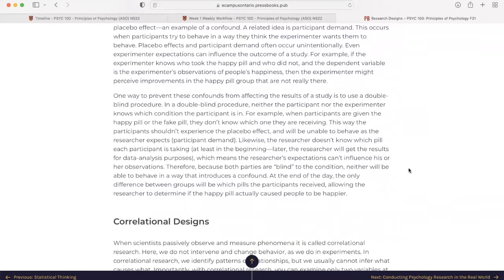Later, the researcher will get the results for data analysis purposes, which means the researcher's expectations can't influence his or her observations. Therefore, because both parties are blind to the condition, neither will be able to behave in a way that introduces a confound. At the end of the day, the only difference between groups will be which pills the participants received, allowing the researcher to determine if the happy pill actually caused people to be happier.